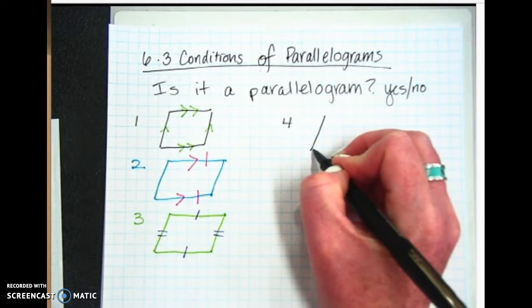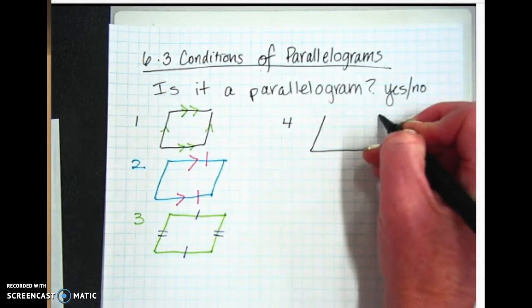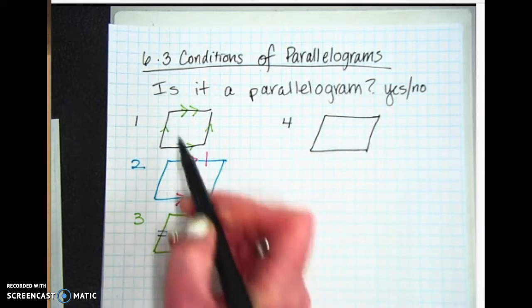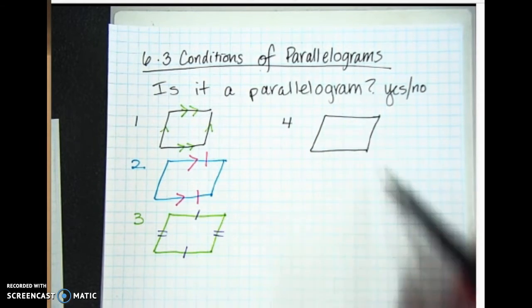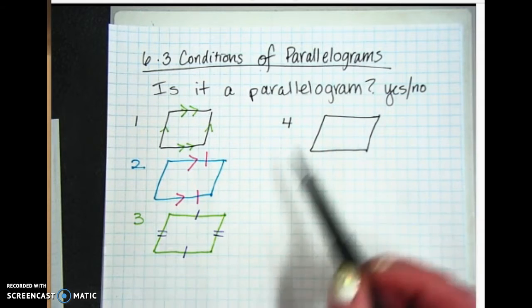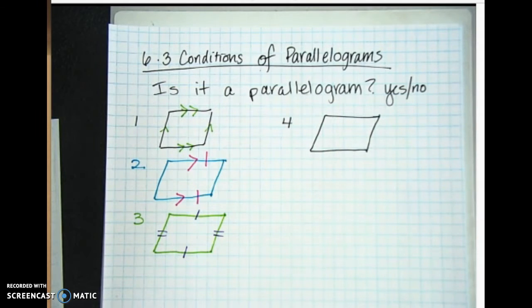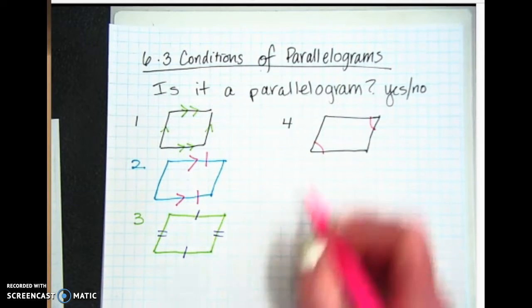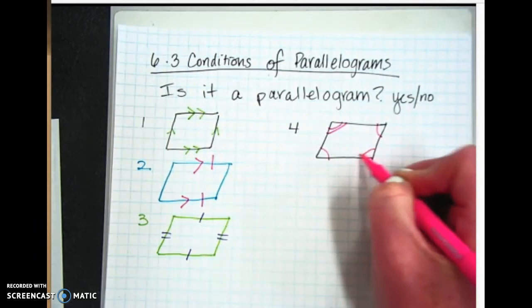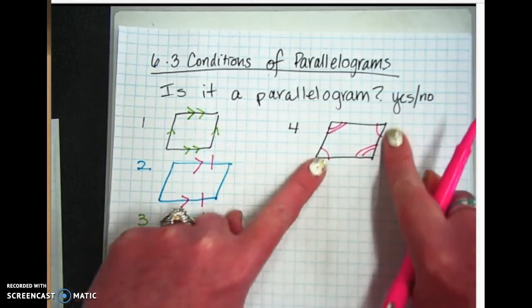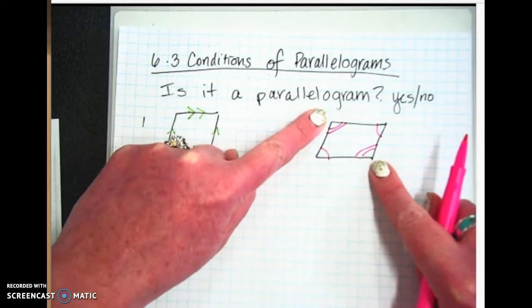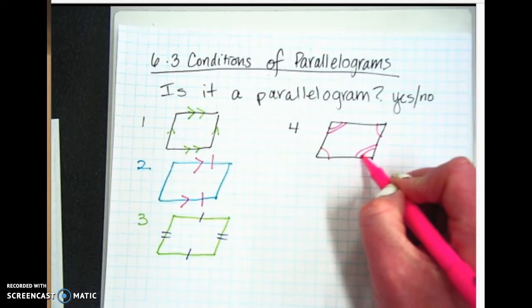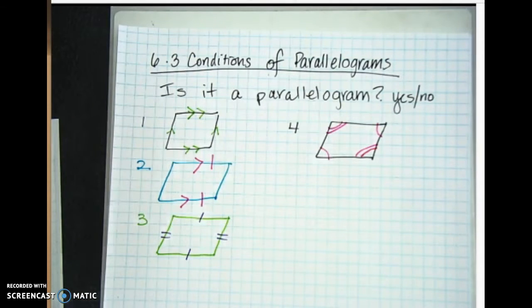Now we're going to go inside our parallelogram. The first three are all on the sides. The second three are going to have to be inside. So for condition 4, opposite angles need to be congruent. So this one and this one congruent, and this one and this one congruent. So put single arcs on opposites and double arcs on opposites. That would be enough to prove your parallelogram.